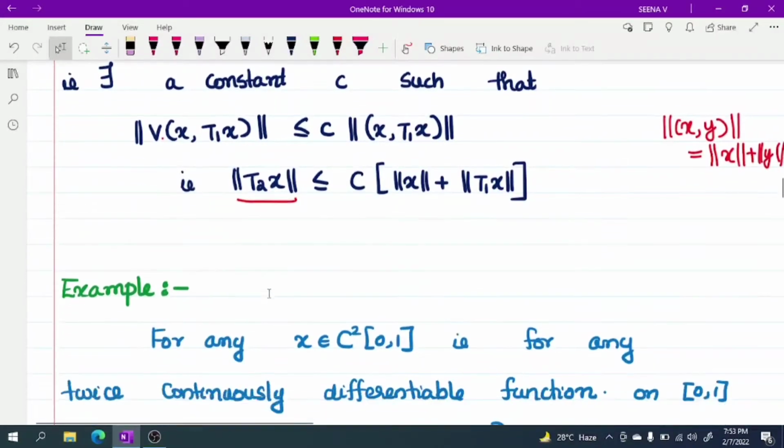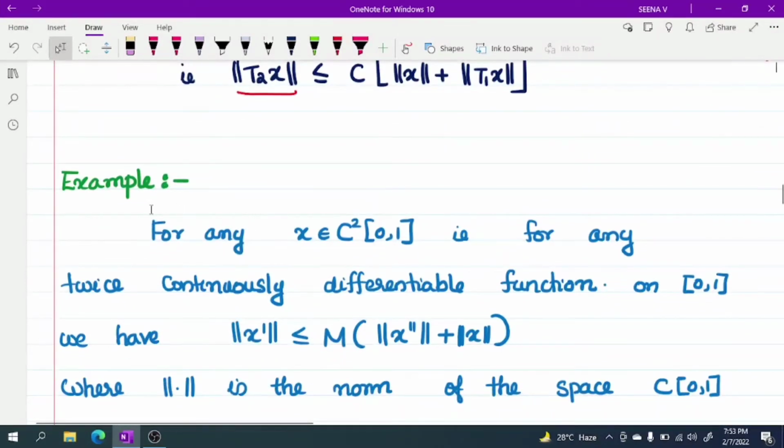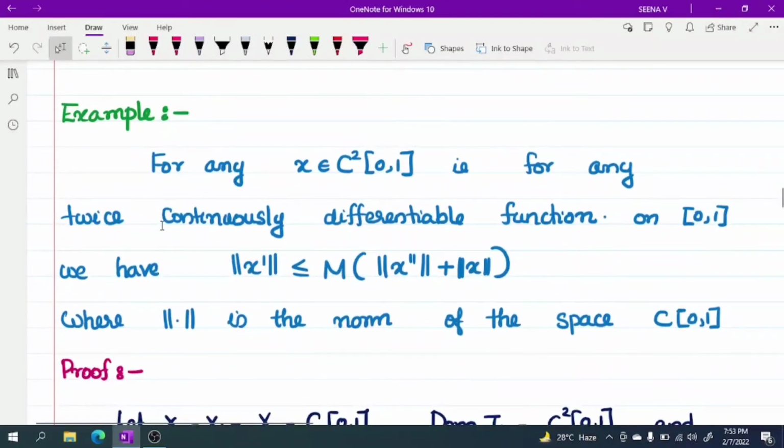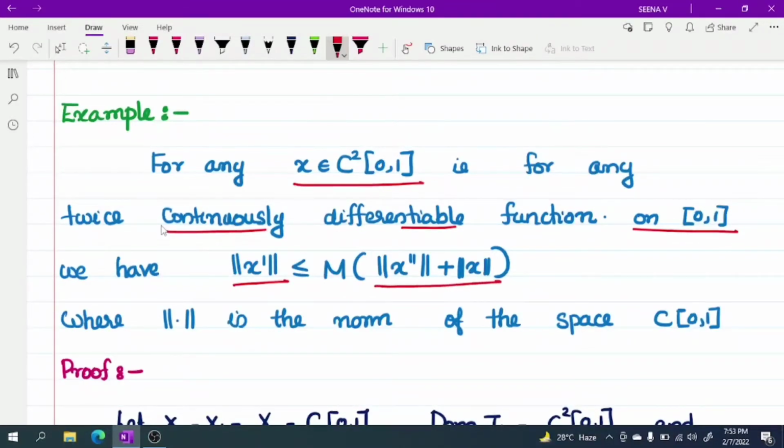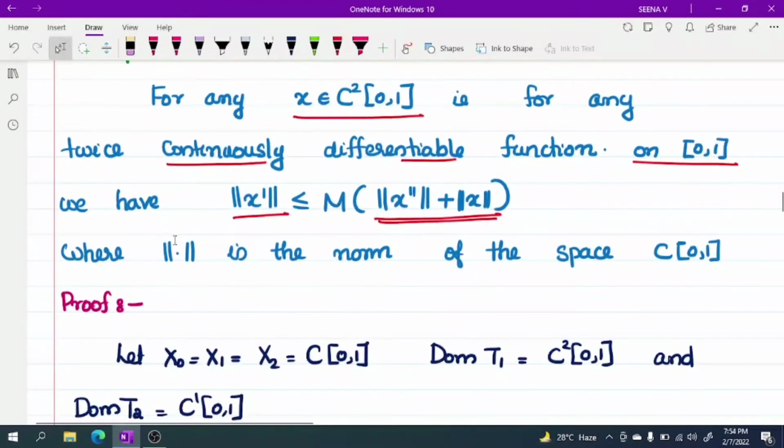Okay. Now we are going to discuss one example. For any x belonging to C2[0, 1], that is for any twice continuously differentiable function on the closed interval [0, 1], we have the norm of x' is less than or equal to m into (norm of x'' plus norm of x), where this is a norm on the space C[0, 1].